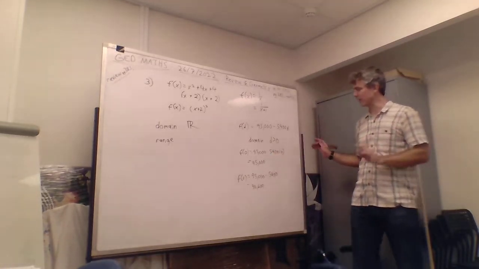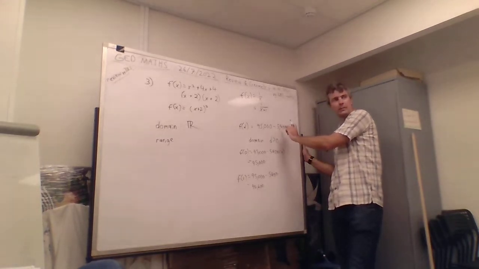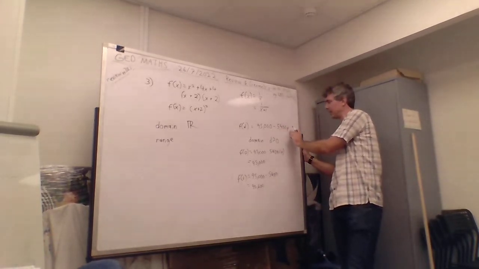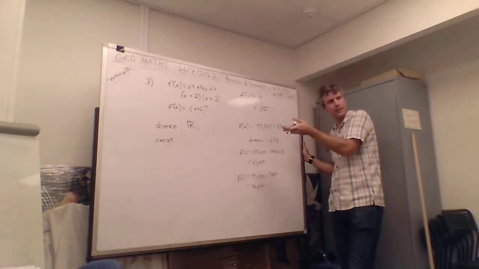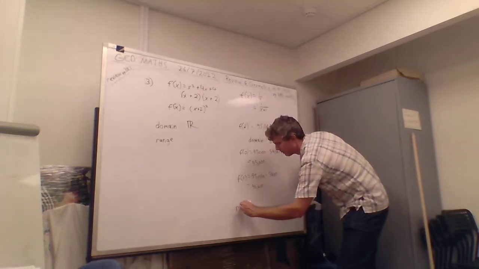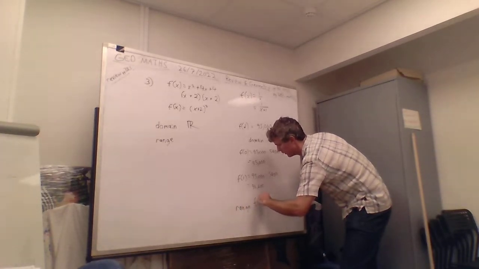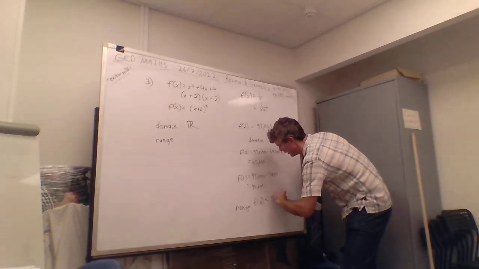So what we're seeing is as this number goes up, this one goes down. The biggest value is 95,000, because it's getting more and more negative, and d cannot be a negative number, so it can't flip and make it more positive. So the range is f of d is less than 95,000.